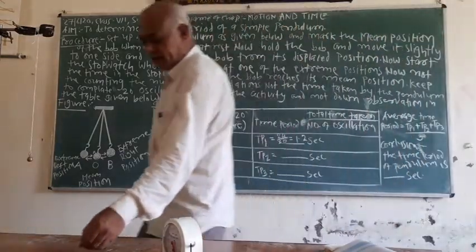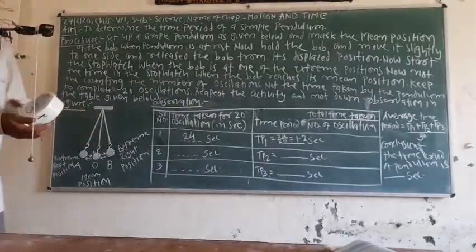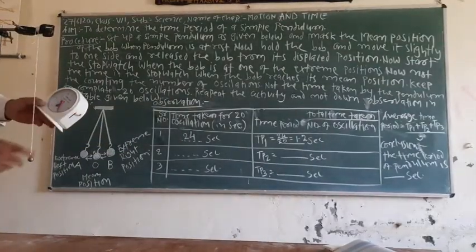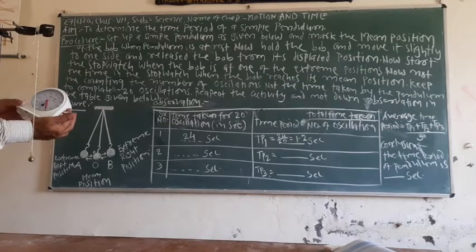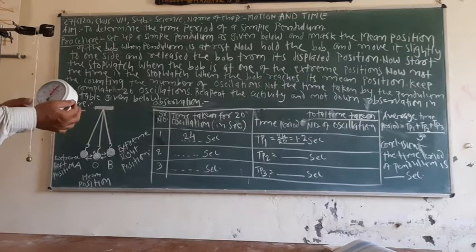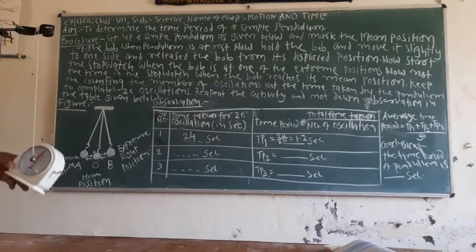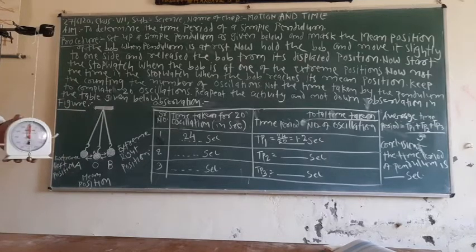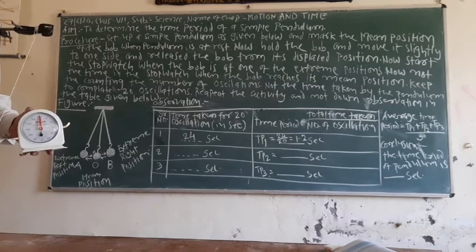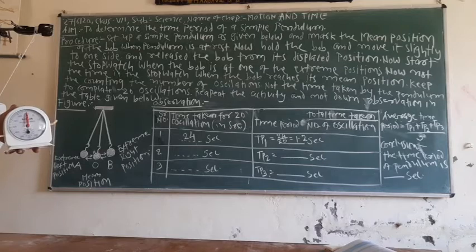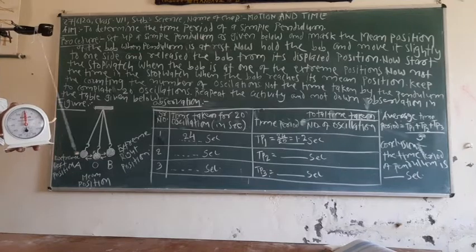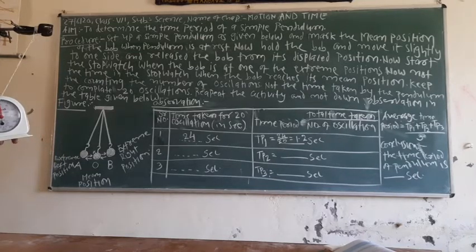Now repeat this activity again. For this, the stopwatch is again set to 0. Now again I hold the simple pendulum and slightly displace it to either side and release it once again in such a way that the simple pendulum starts to oscillate.